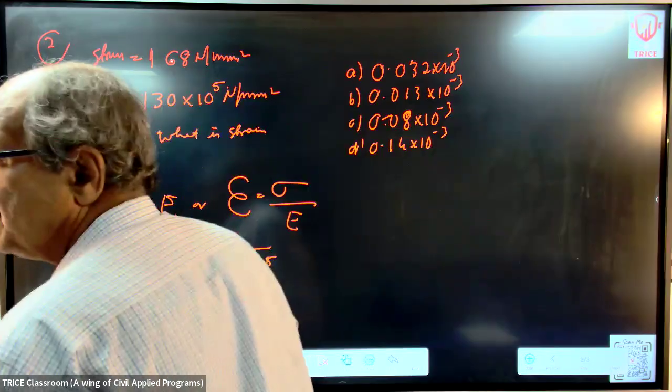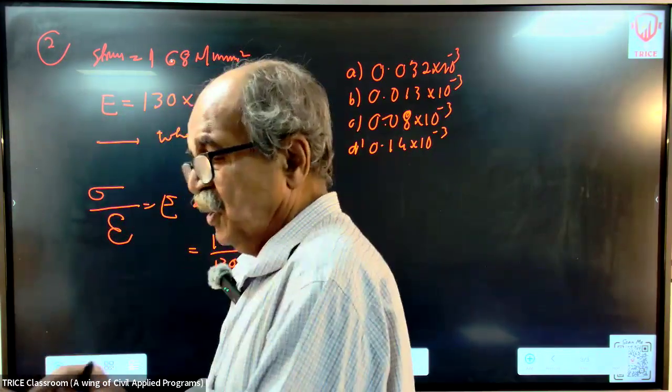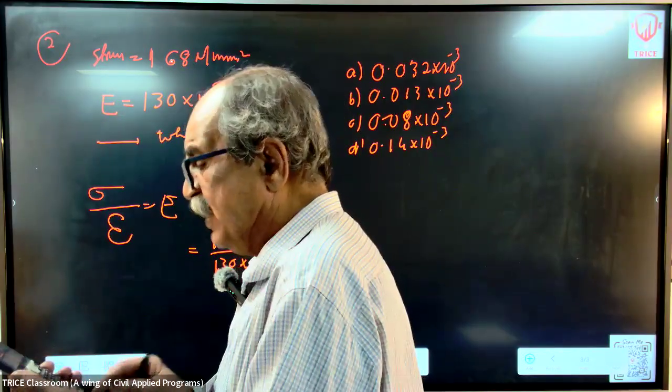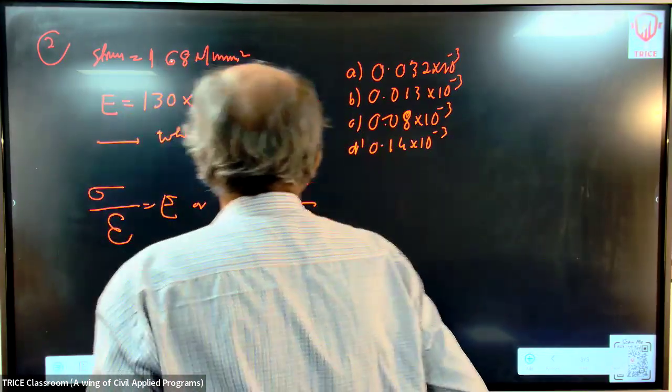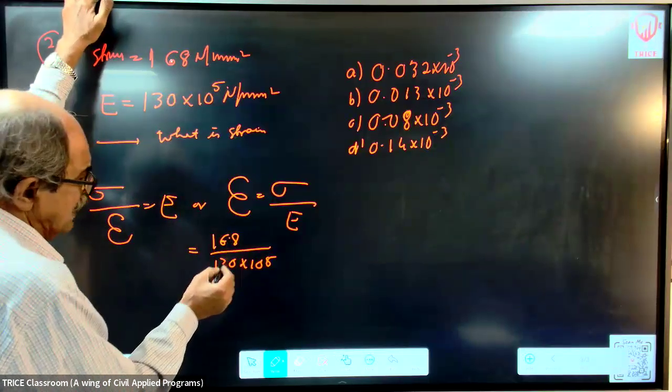See now, correctly observe. If calculator is there, no problem. 168 divided by 130 into 10 to the power 5 will tell the answer. But if calculator is not there, see here. 168 by 130.